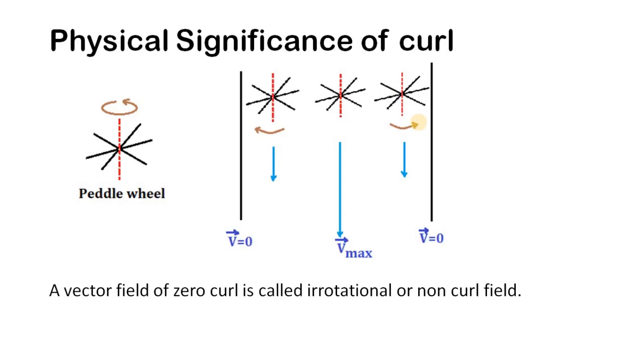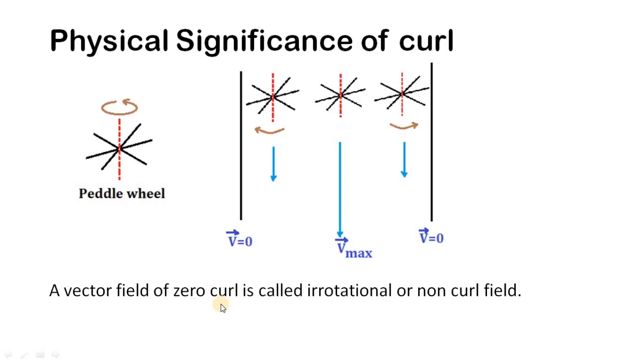Hence, to find the direction of the curl, one should place the paddle wheel or curl meter in the field and hunt around for the orientation which produces the greatest torque. The direction of the curl is then along the axis of the paddle wheel as given by the right hand thumb rule or right hand screw rule.